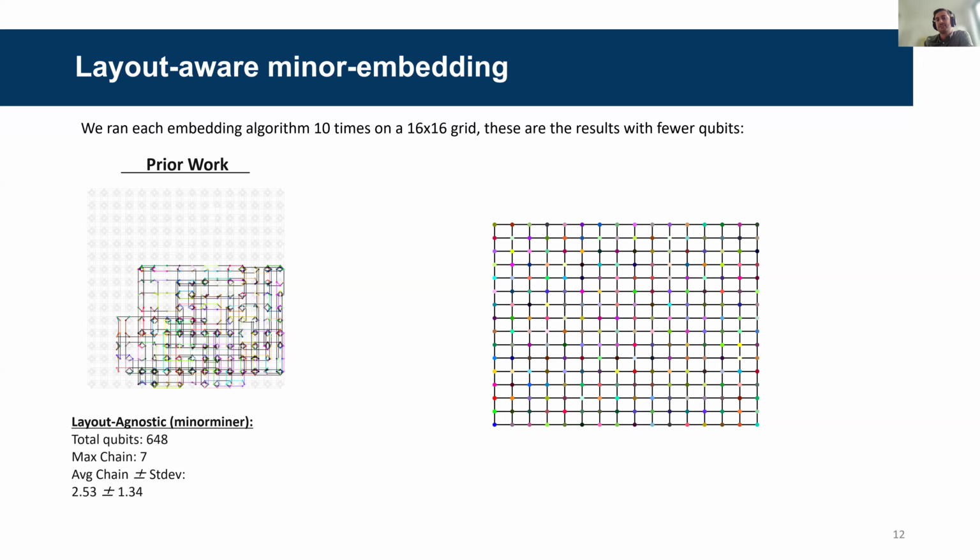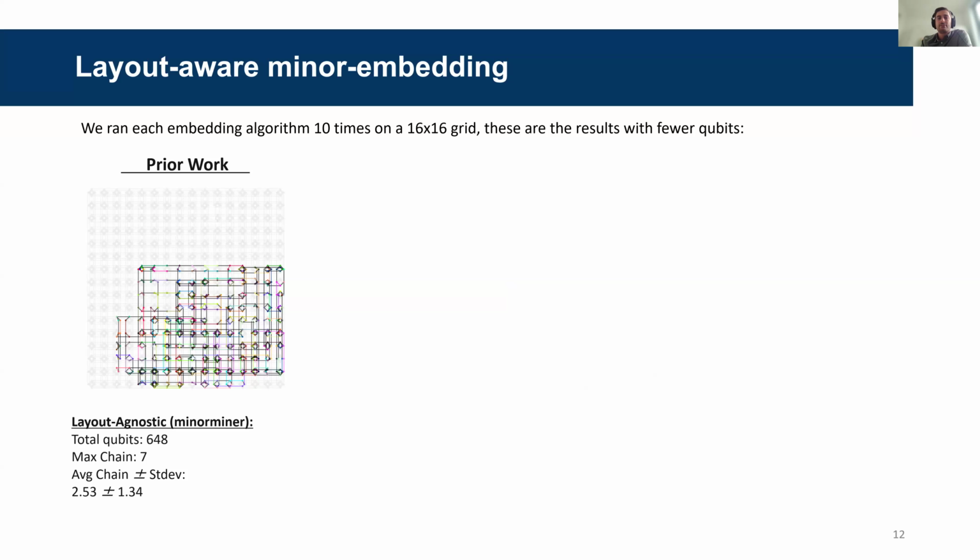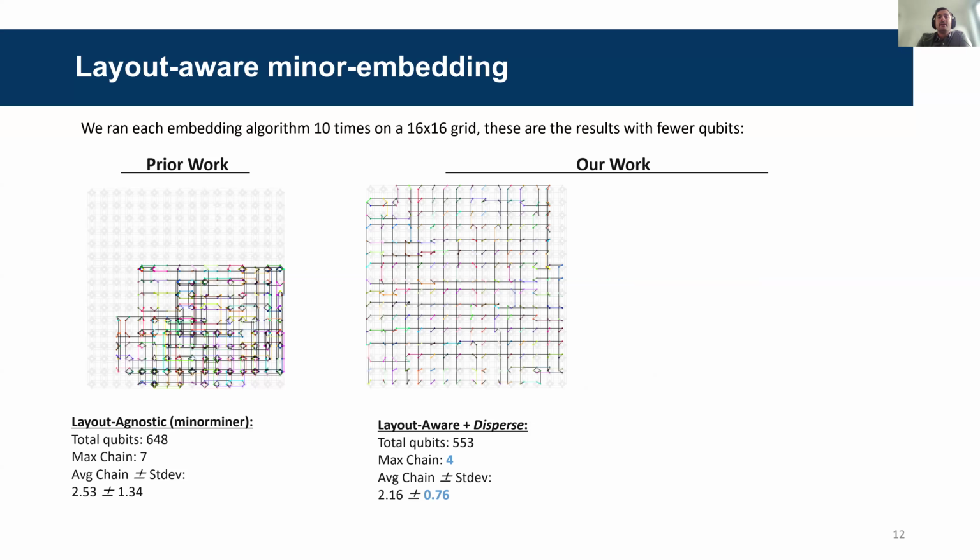Then second, if we use the Disperse method, we'll see that it locks nodes into place here. And as expected, it's very spread out because those nodes are locked. We do get short chains with low deviation, but it's unnecessarily spread out.